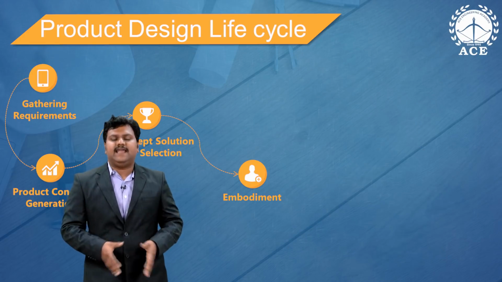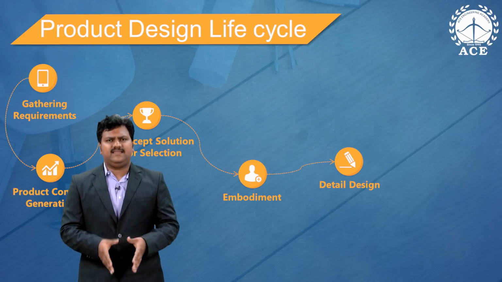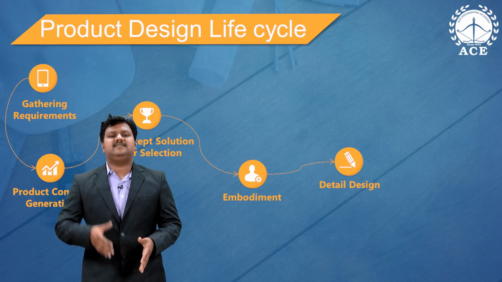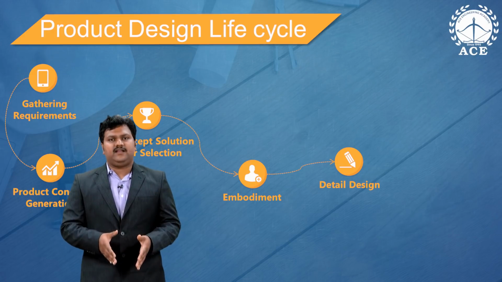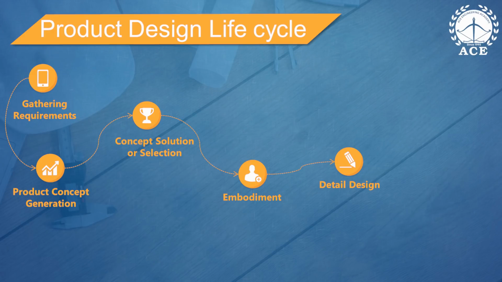The next stage is the detailed design stage. At this stage, various design decisions are made, whether to manufacture the product inside the organization or identify potential suppliers and purchase the product or its components from those suppliers.